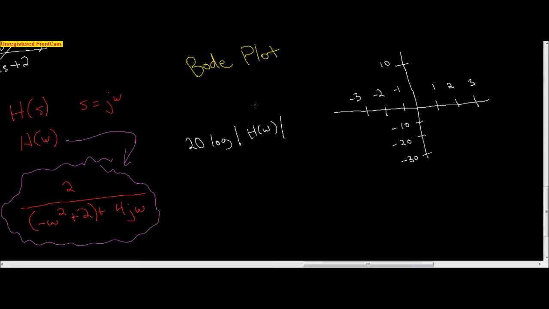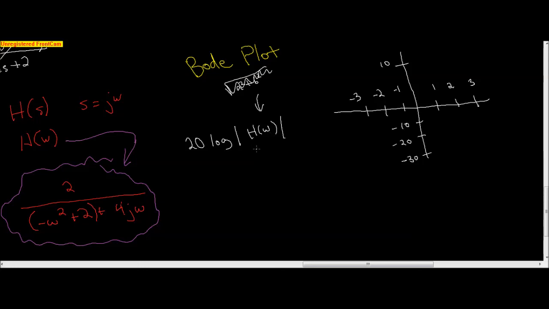This magnitude thing is very important because we have a complex term down here, so we're going to need to do the whole a squared plus b squared thing where you get the magnitude. Basically, we just want to evaluate this for multiple values of omega and then plot it, and that's it.